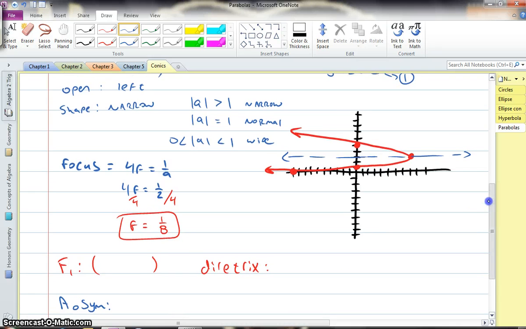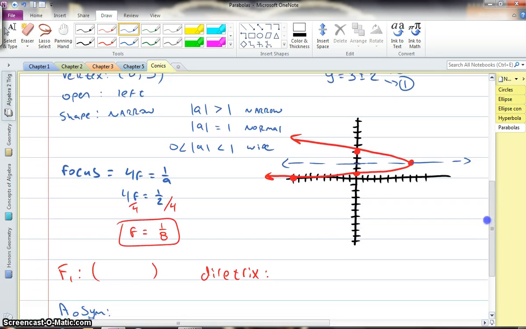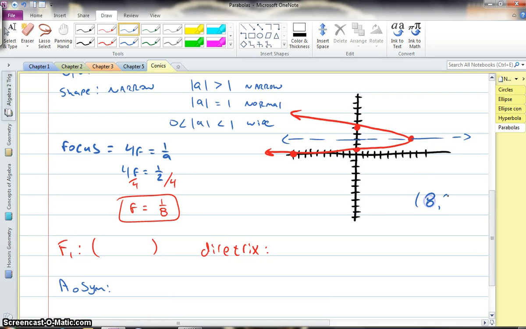Now, your focus and your directrix are going to lie on your axis of symmetry. Now, I'm going to rewrite the vertex 8, 3. Your axis of symmetry is a horizontal line that goes through your vertex. So my axis of symmetry is y equals 3. That's the equation.